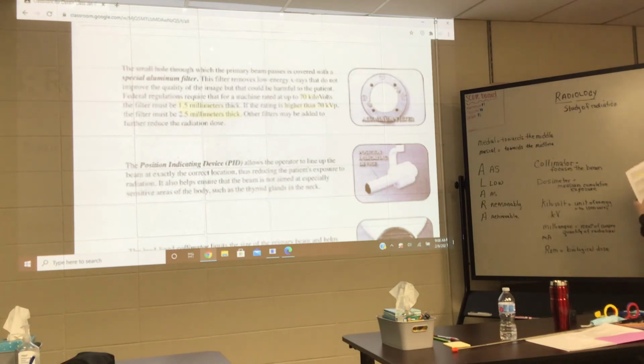This is for filtration, aluminum filter. And that's the requirements.